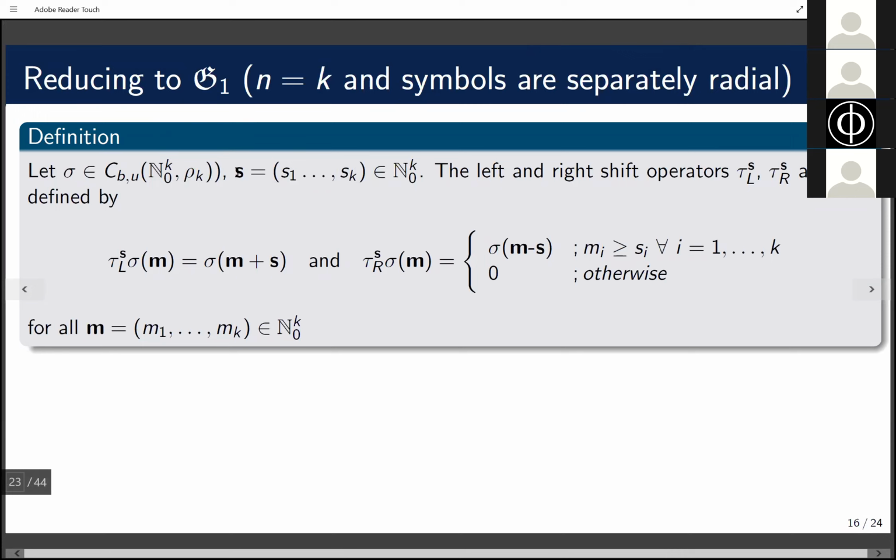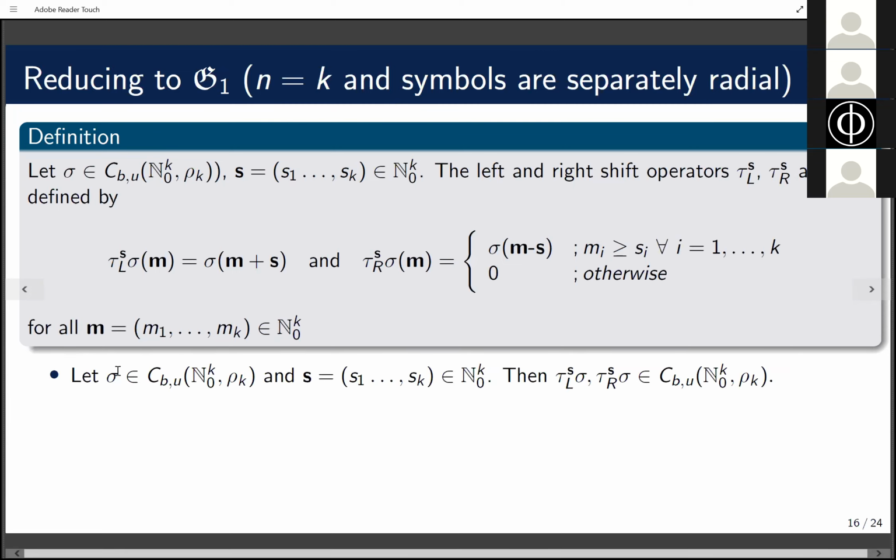If we take a k-tuple s_1 up to s_k, we can define the left shift with respect to s applied to a function sigma on N_0^k by: the left shift of sigma evaluated at m is just sigma of m plus s, and the right shift is defined by sigma of m minus s if m_i is greater than or equal to s_i for all i, and 0 otherwise, for all m's.